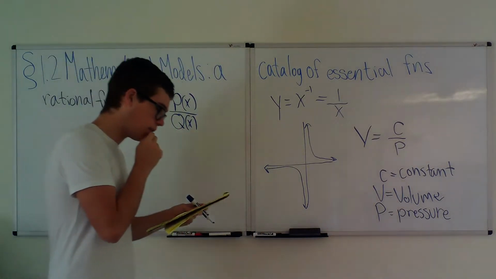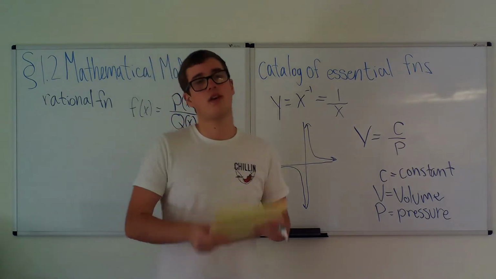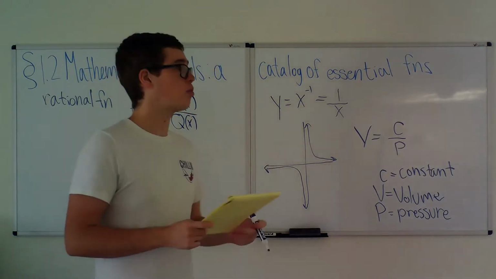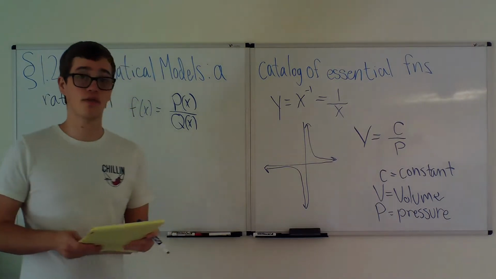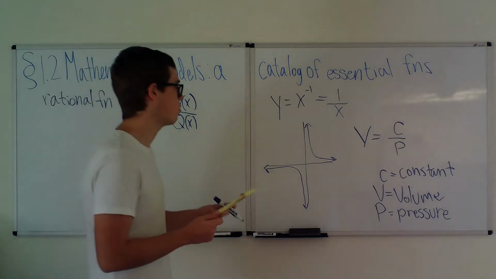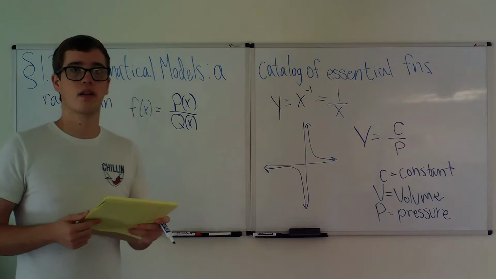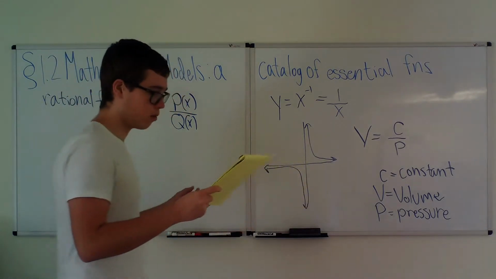So the domain of these functions is where q of x cannot equal 0. So pretty much the bottom cannot equal 0 because anything over 0 is not okay. We don't really know what to do with it at this point in math, and we don't want it.